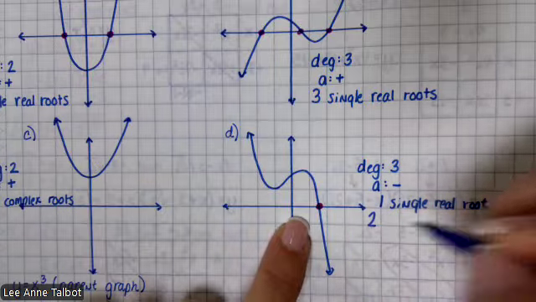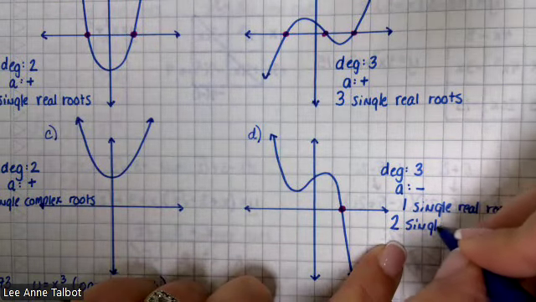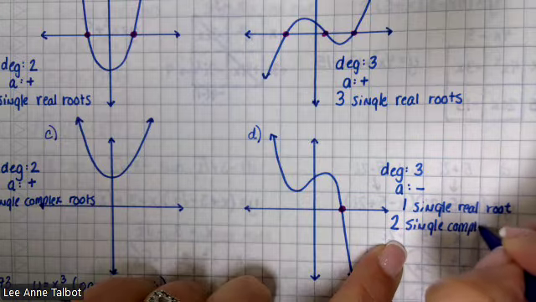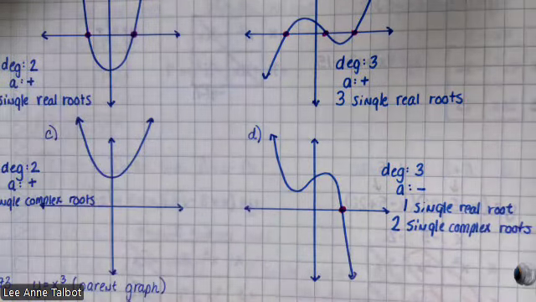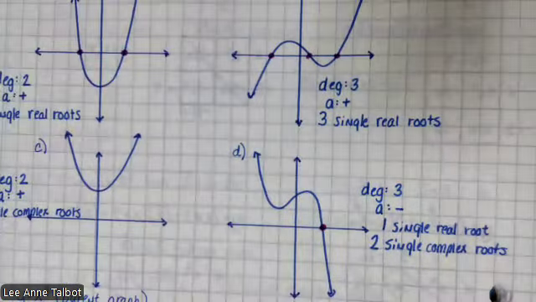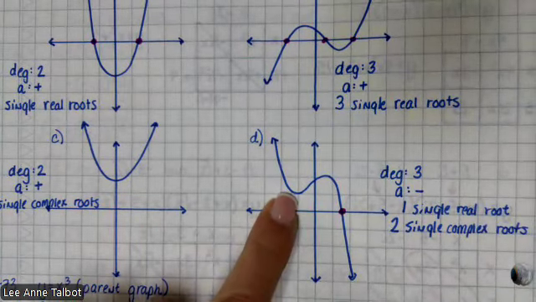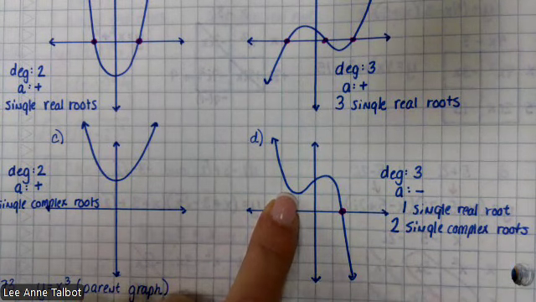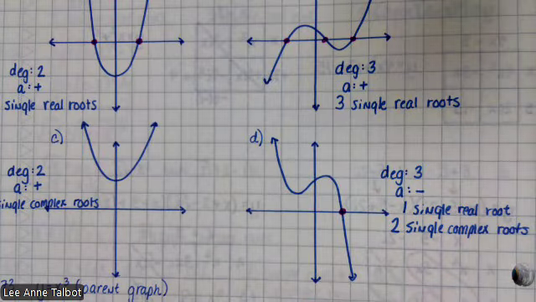So the other 2 have to be complex. 2 single complex roots. And you might think to yourself, why is it single, Mrs. Talbot? That looks like it might be a bounce. No. Remember about the plus or minus in the quad formula and square rooting both sides. One of them's positive, one of them's negative.